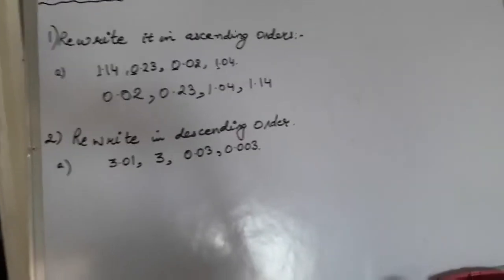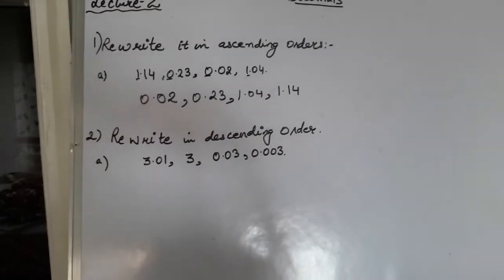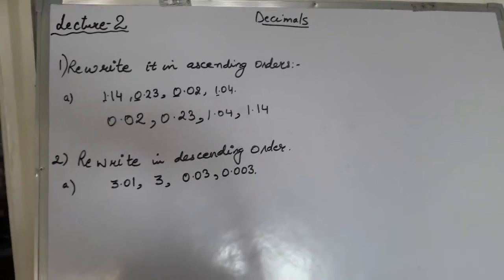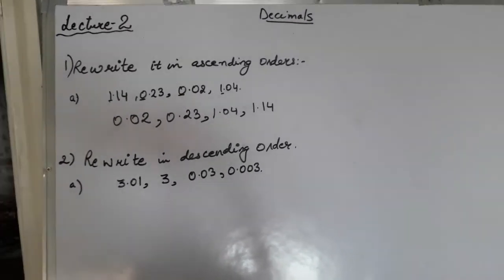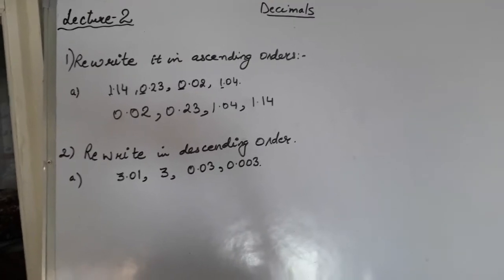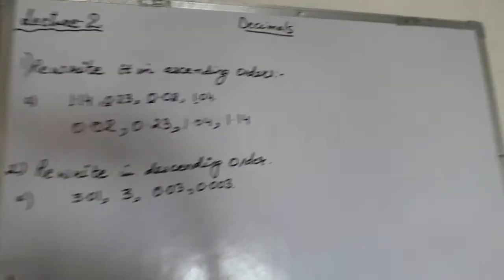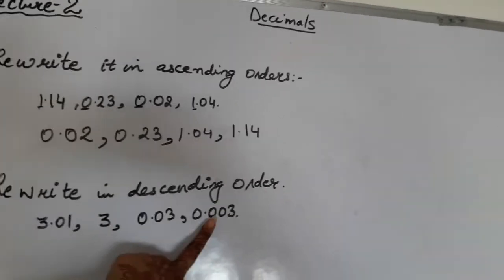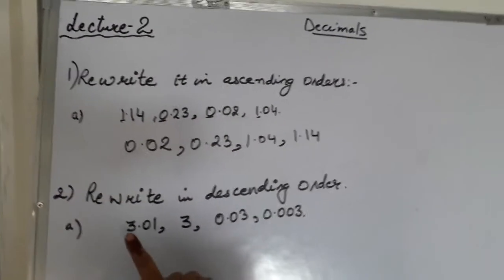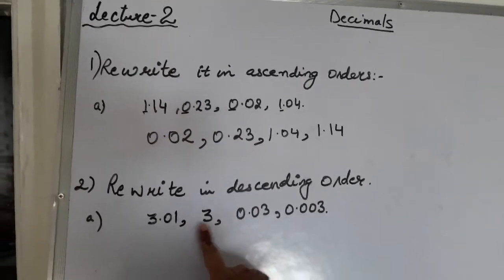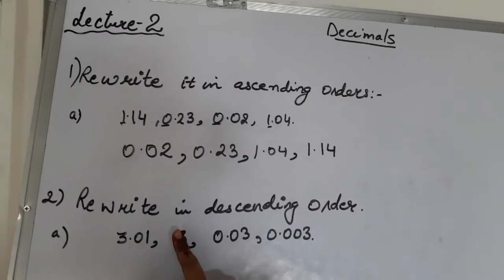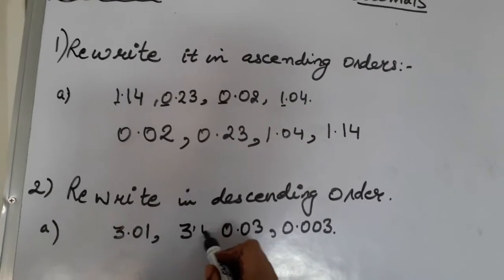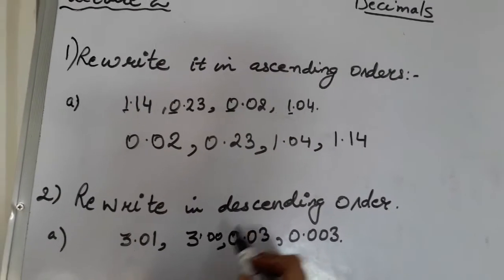Now in the next question I have to write in descending order. As you know, in descending order we go from biggest to smallest. Now which one is the biggest number? Here you can see, here is 3, here is 3, here is 0, and here is also 3 and 3. Now if the digit has nothing, it means the decimal part is 0, right?